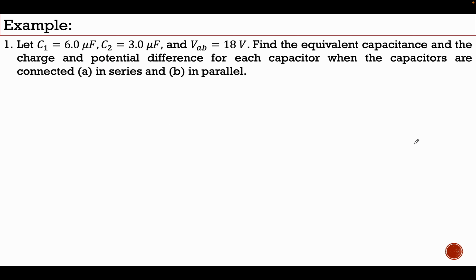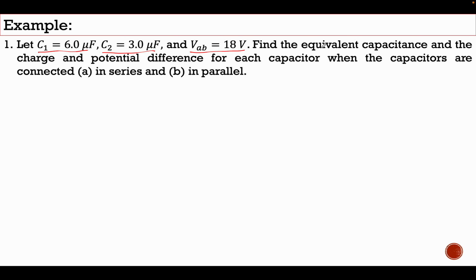Okay. So we have here an example for capacitors in series and parallel. Let C1 be equal to 6 microfarad, C2 is equal to 3 microfarad, and we have the potential difference of 18 volts.